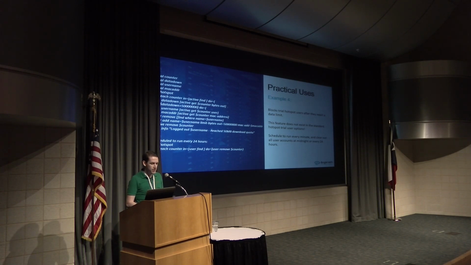It goes through all of the active users and checks what their download amount is at the moment. If it finds a user that has exceeded the limit, in this case I've set it at 50 meg, it deletes the trial user that MikroTik sets up, creates a static, local hotspot user entry that is limited to 50 meg, and then kicks off the active session.